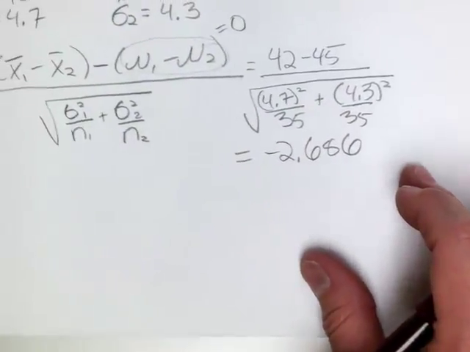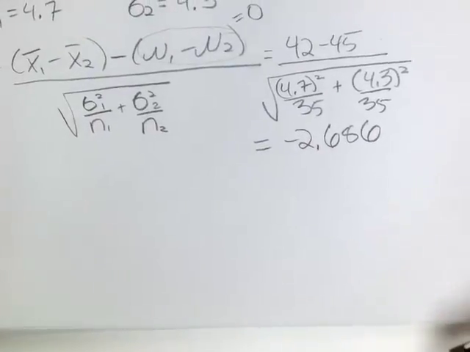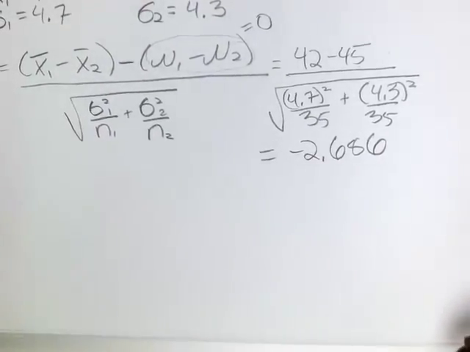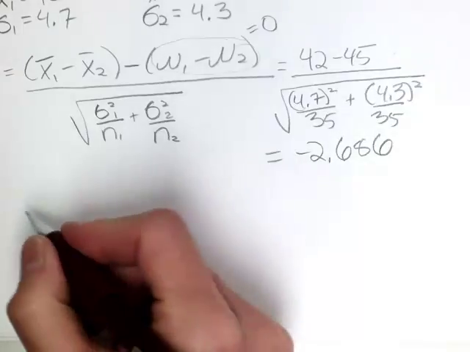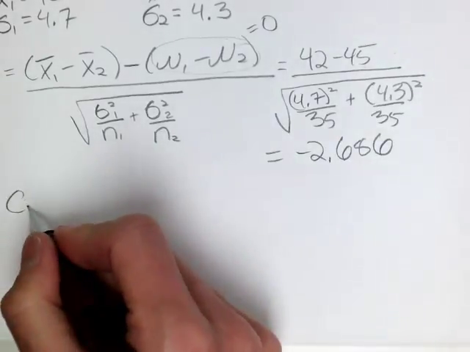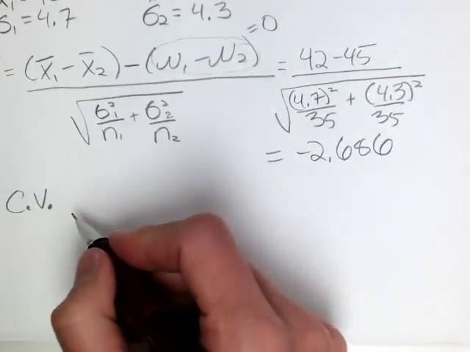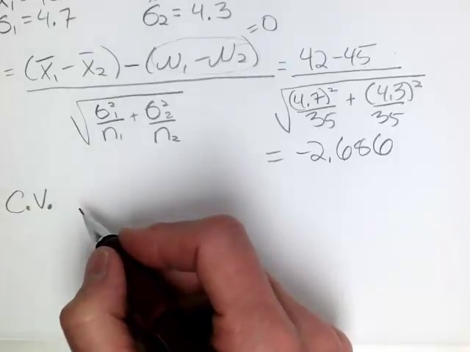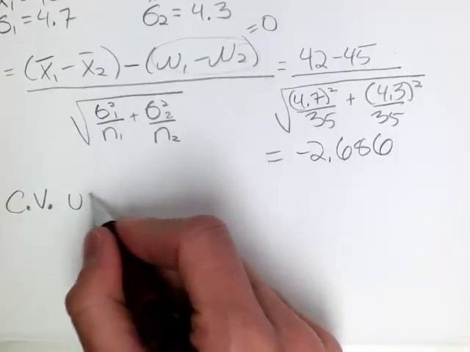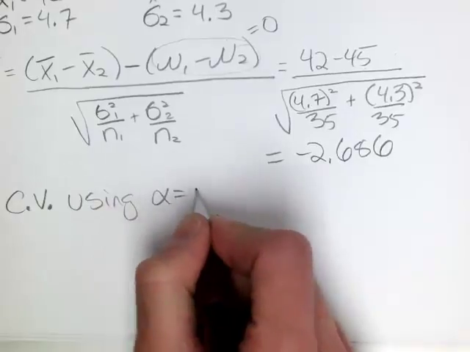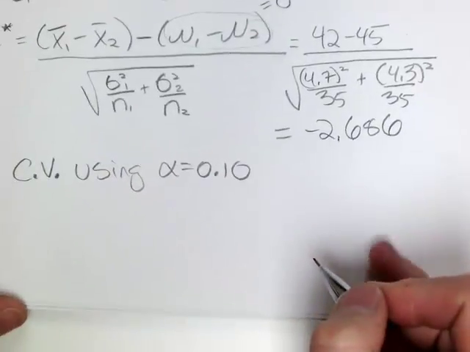The next thing I want to do is find the critical values. The critical values will come from the standard normal table, and we need our level of significance, which is 0.1 from the problem.